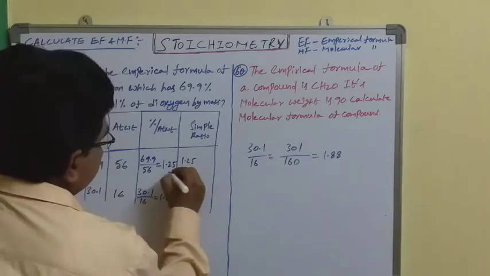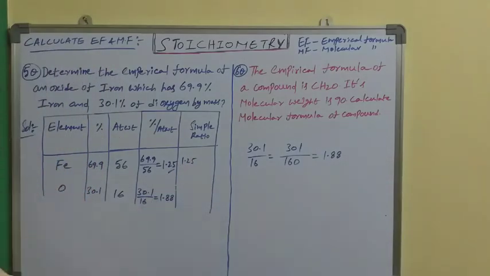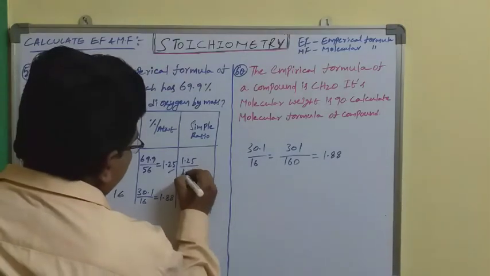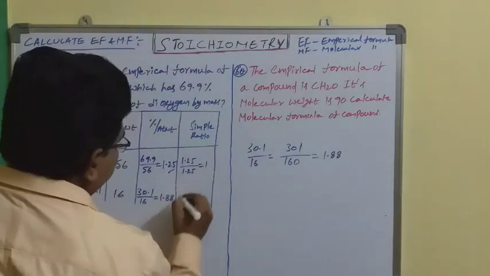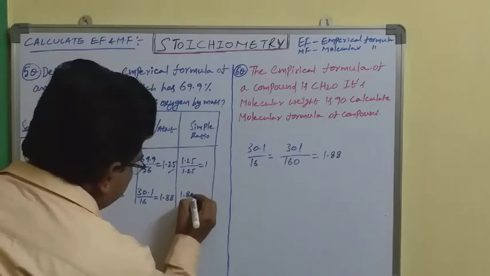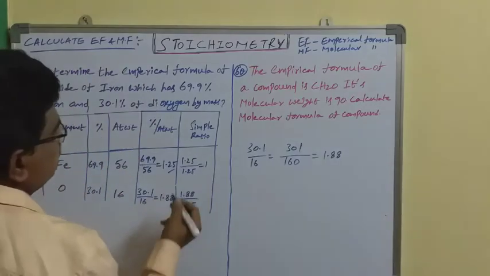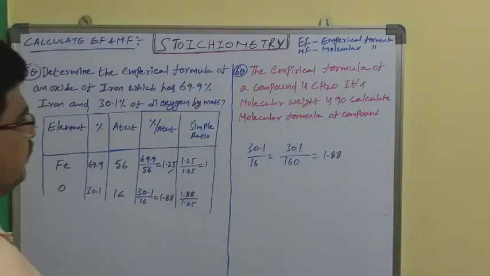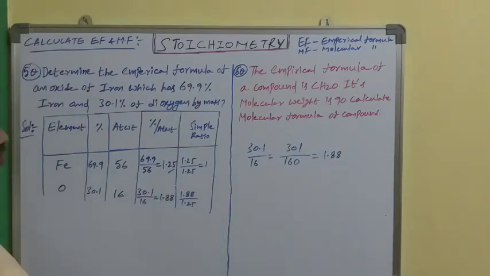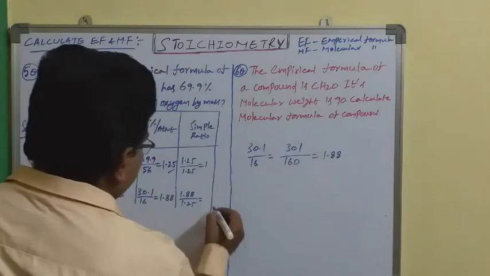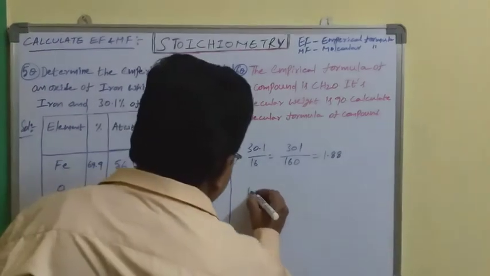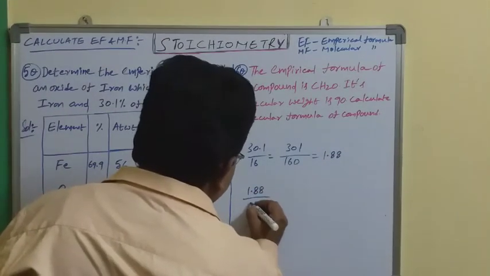1.25 is the smaller number, the simplest element, so I am dividing these two numbers by 1.25. 1.88 divided by 1.25.